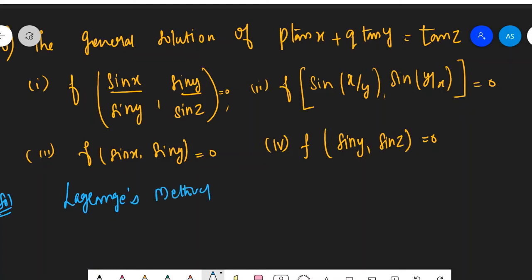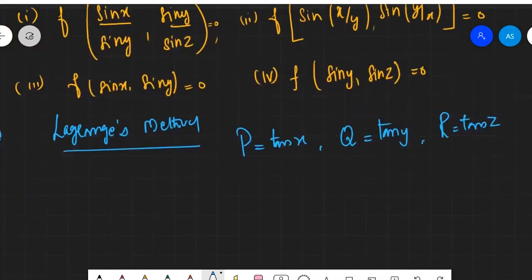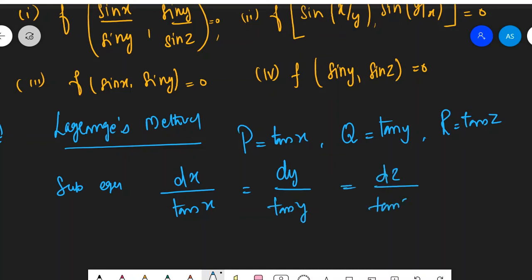So capital P is the coefficient of small p, tan x, capital Q is the coefficient of small q, tan y, and R is tan z. Now, the subsidiary equation: dx by P, that is tan x, dy by Q, tan y, and dz by R, tan z.